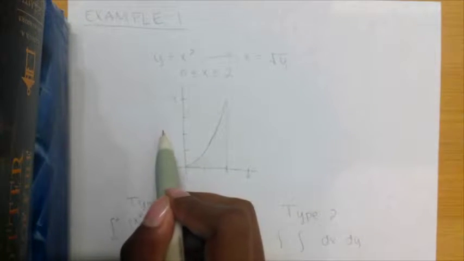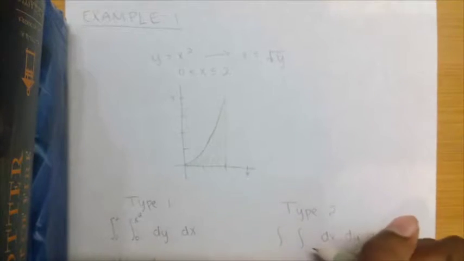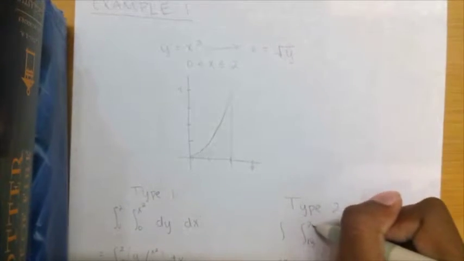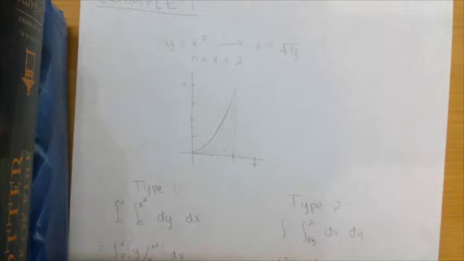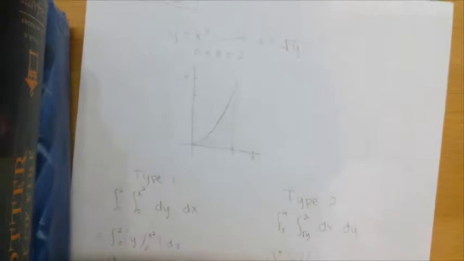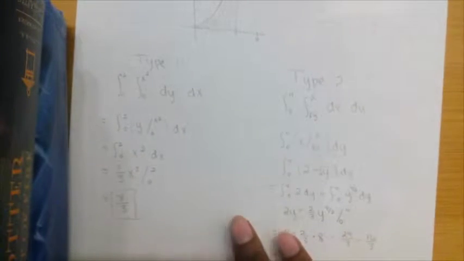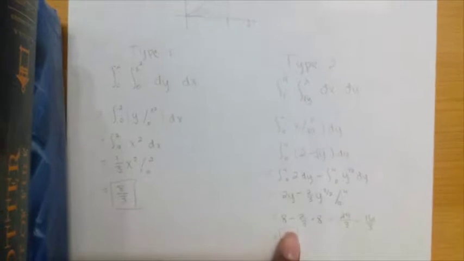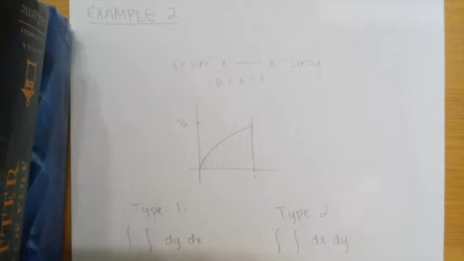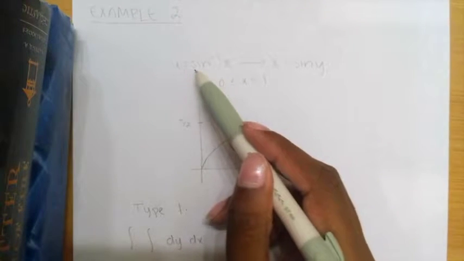So when we do that, we first hit the square root of y, and then we hit 2. And we're going from 0 to 4, as you can see. So when you solve the integral, you see that either way that you do it, you get the same answer, 8/3.